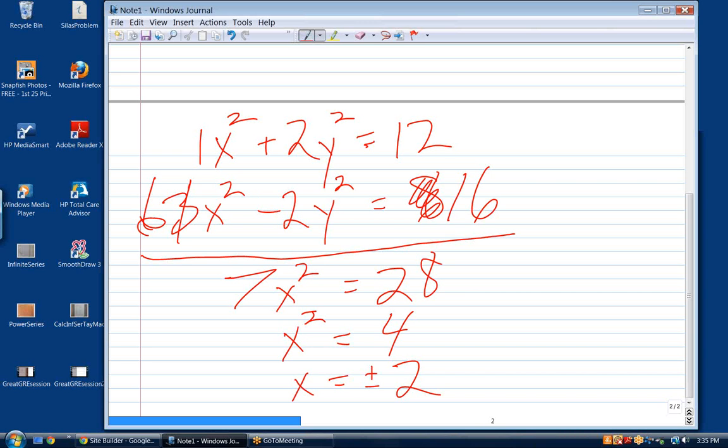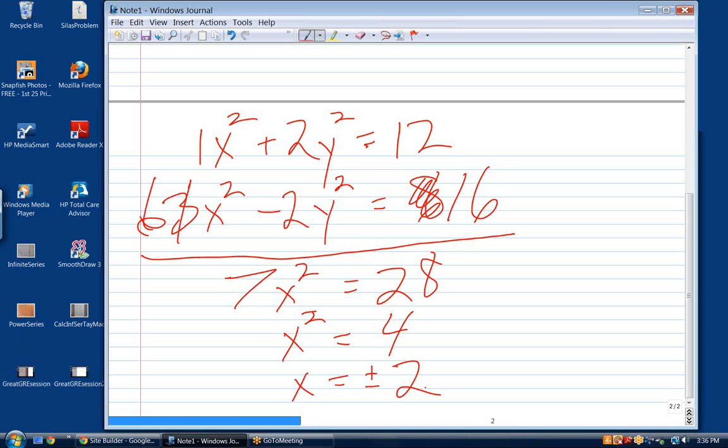Whenever you're taking the square root of both sides, don't forget the plus or minus. Everybody forgets it, so you're not alone.